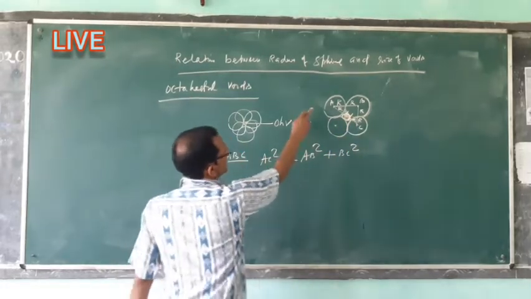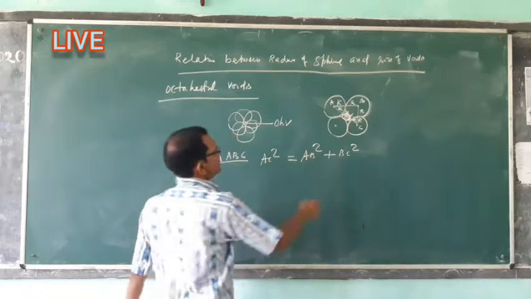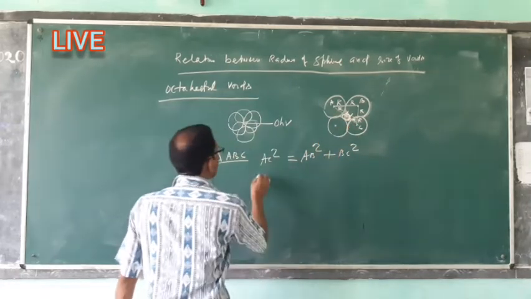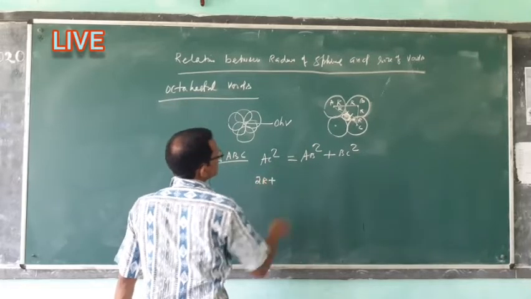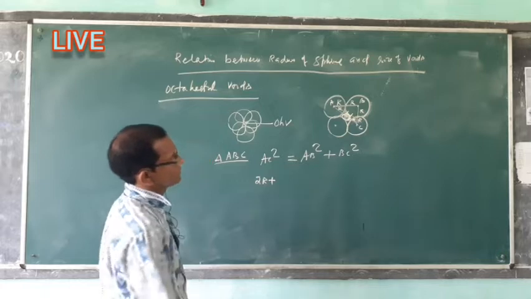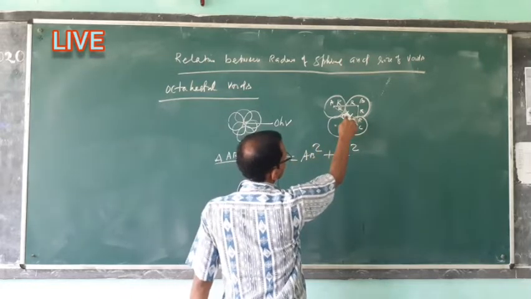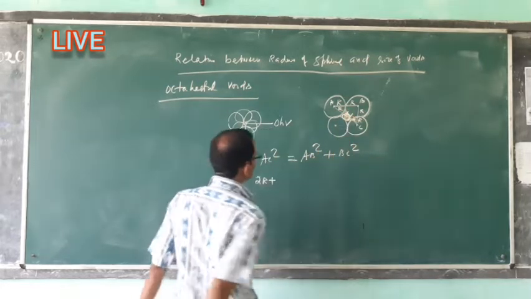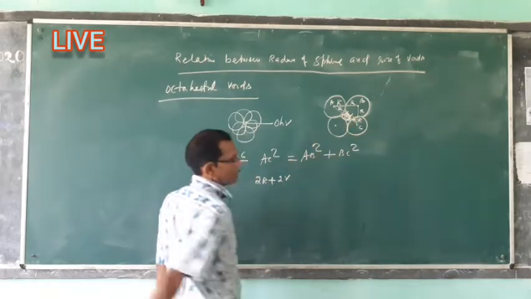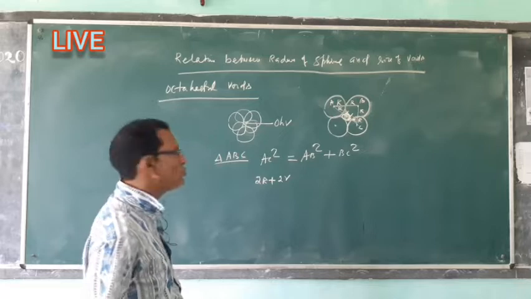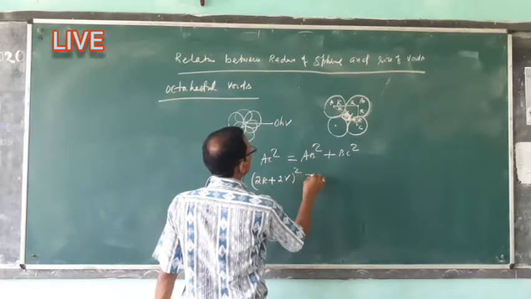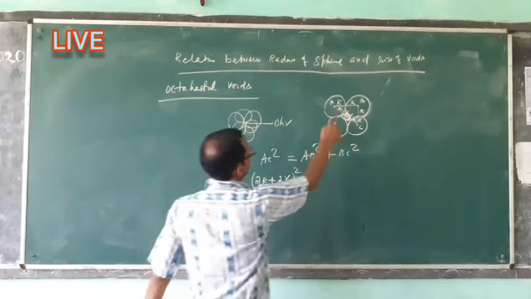So you consider all the radii. Here 1R, here 1R, that is 2R, plus here the small r, the void where the sphere is occupying, that is 2 small r. Whole sphere has 2R. Then (2R plus 2r) square is equal to AB square plus BC square.